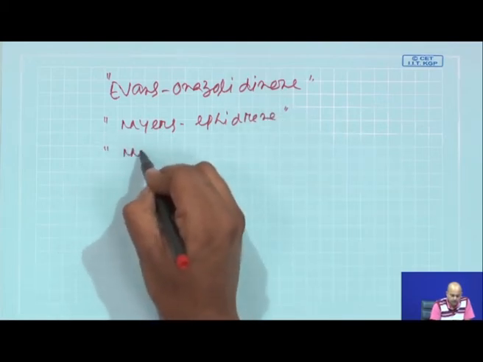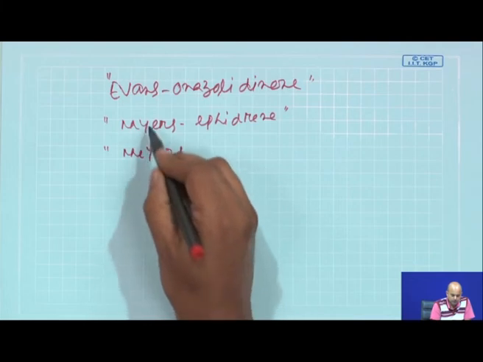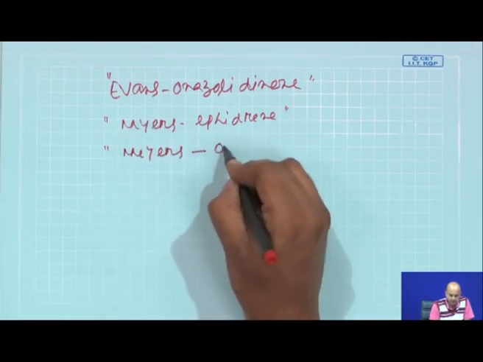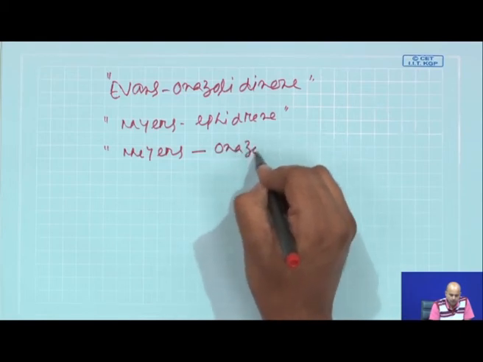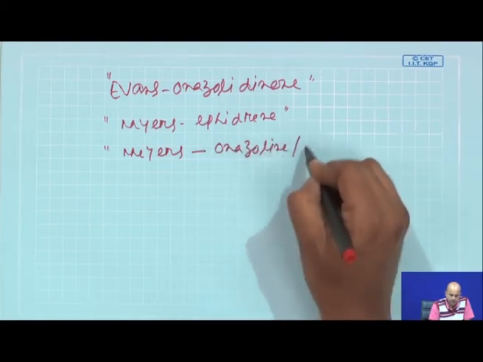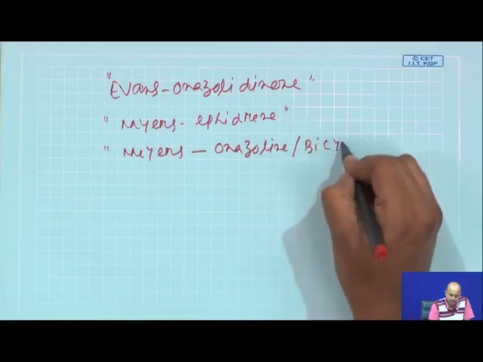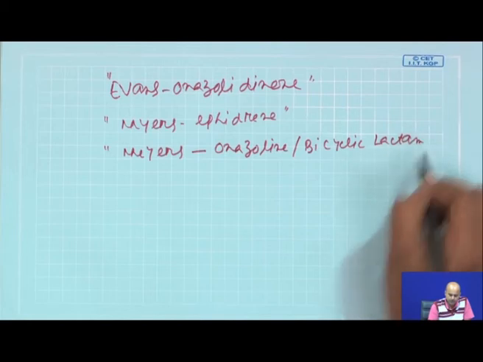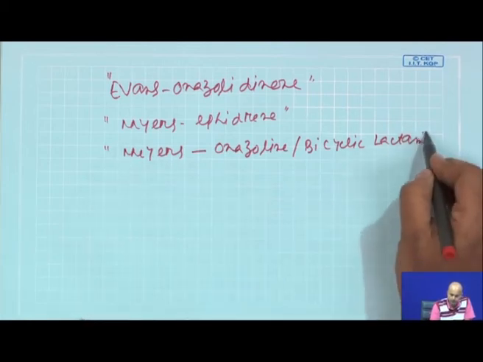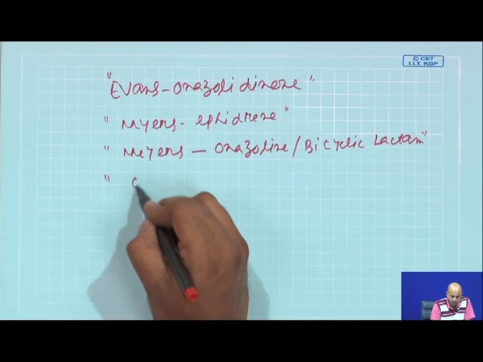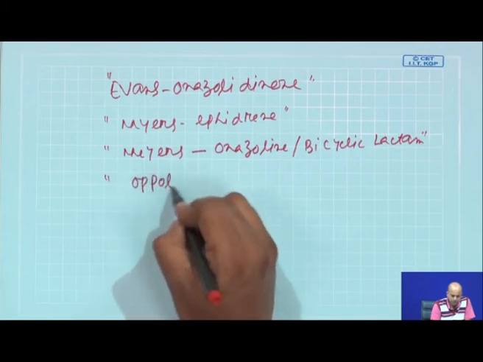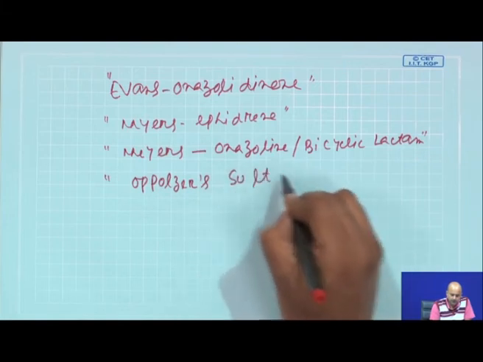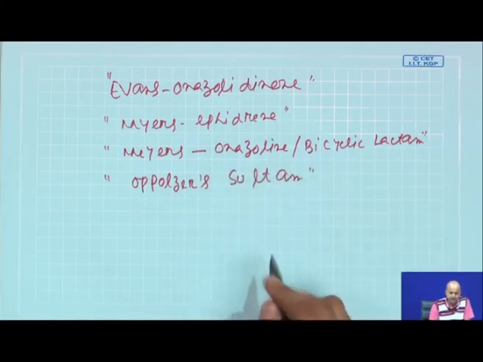Then Myers oxazoline, these are not the same Myers, as well as bicyclic lactam. We are not talking about these auxiliaries due to time constraint, and this is beyond our scope. We also have Oppolzer's sultam. So, there are many auxiliaries which are reported in the literature.